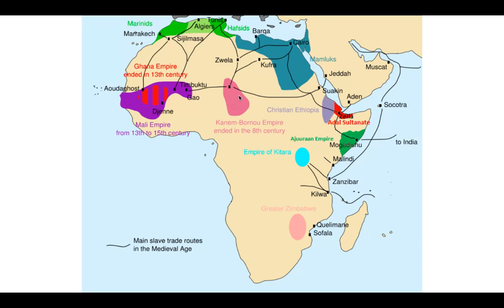Remember, we're looking at trans-Saharan, so trade all across Africa. You're getting slaves being sent from West Africa to the Mediterranean. At the same time, you're also getting East Africans, southern, southeast, or more Central East Africans, being sent into the Middle East.